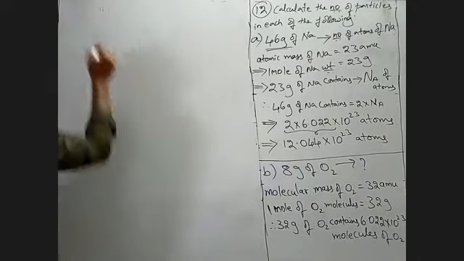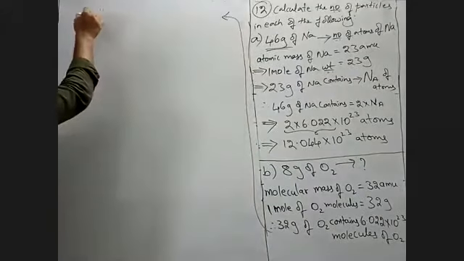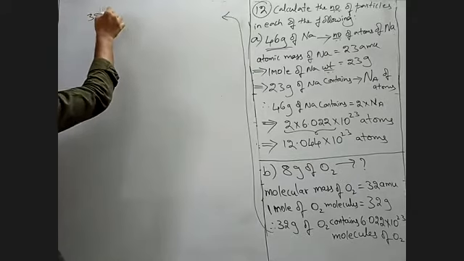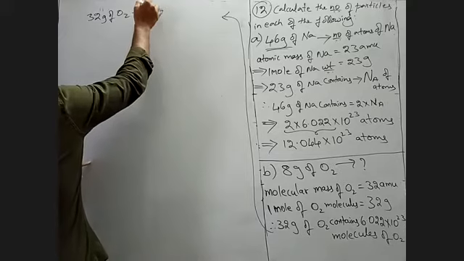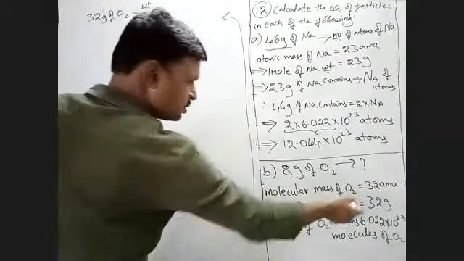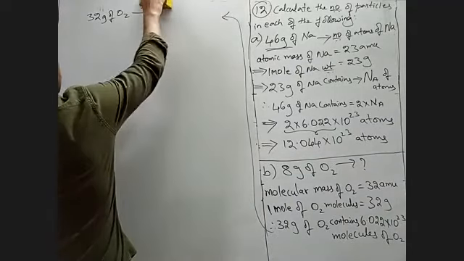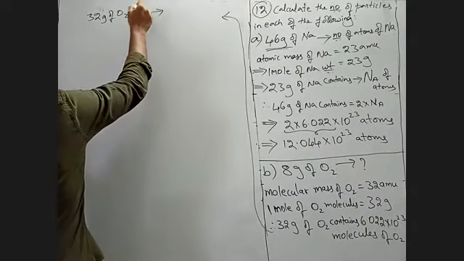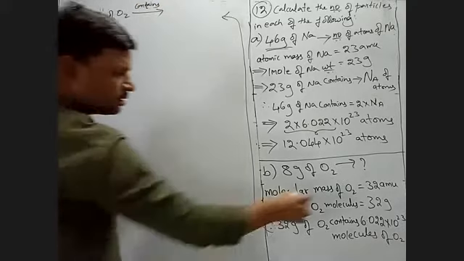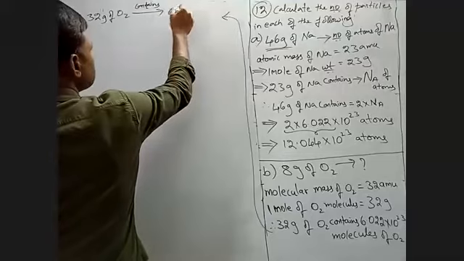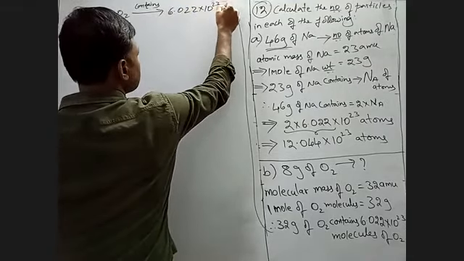So 32 gram of oxygen molecule contains how many? 6.022 into 10 power 23 molecules.